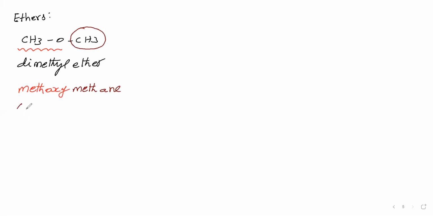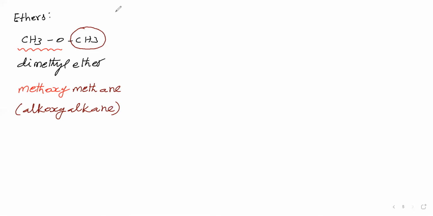That means in general we can say alkoxyalkane is the IUPAC name for ether. This is not for all the ethers. Just for understanding, we have said it like this. Don't think that ether always means alkoxyalkane.